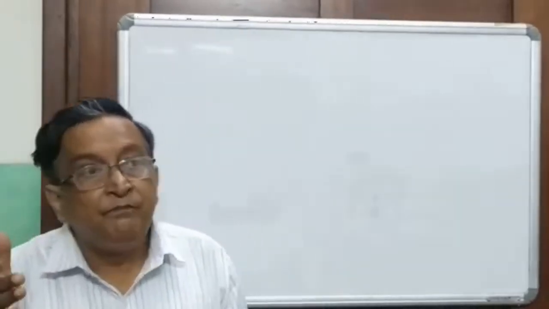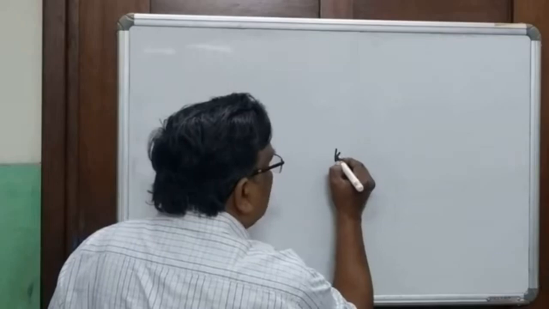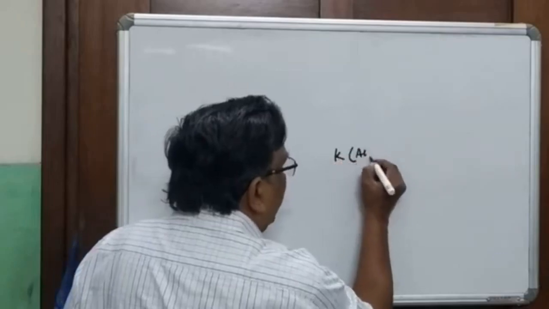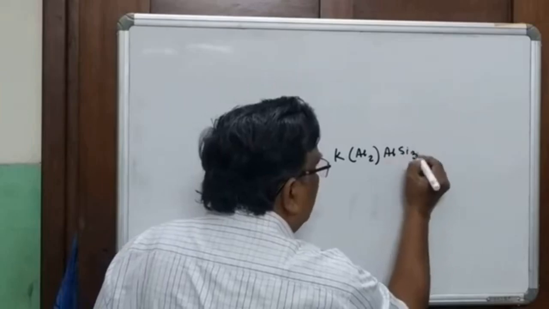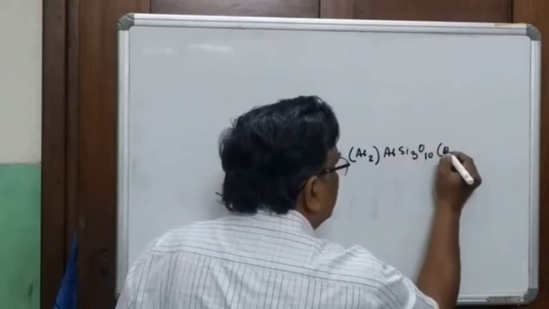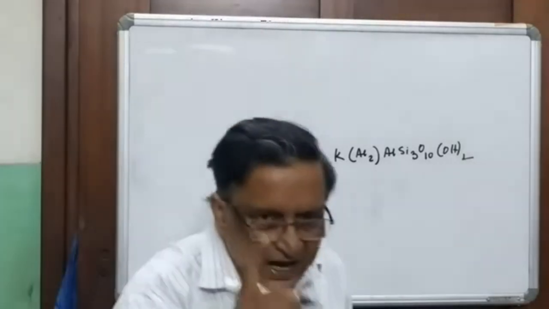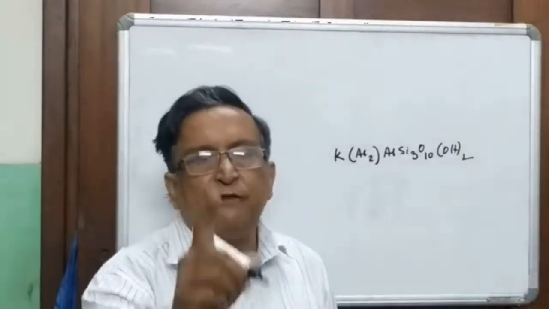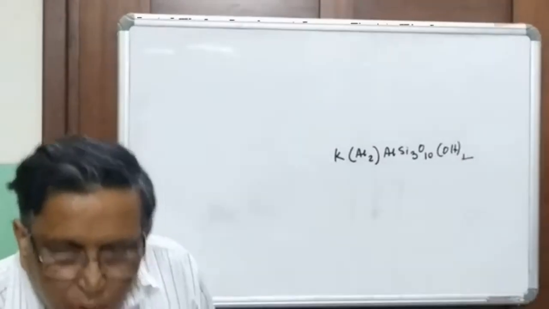Say, for example, if you talk of muscovite. Muscovite has the formula KAl2(AlSi3O10)(OH)2. Now that is an ideal composition of muscovite that we have been taught.